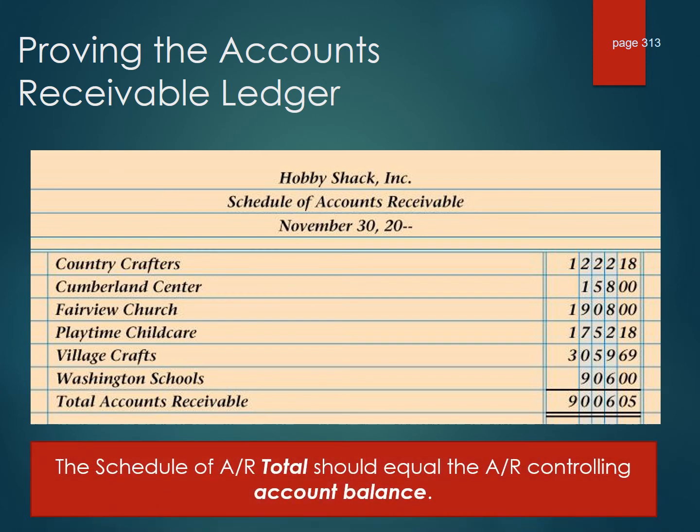Then we are going to compare our total in our accounts receivable schedule with our accounts receivable general ledger account. If the schedule of accounts receivable total equals the accounts receivable controlling account in the general ledger, then you will double rule the dollar amount column on the schedule of accounts receivable. If they do not, then you need to go back to find the error.